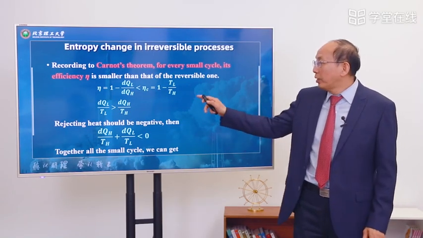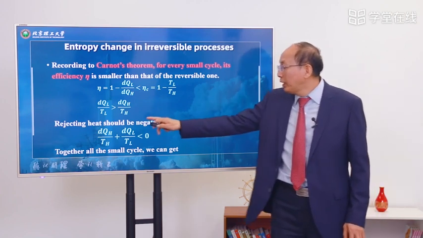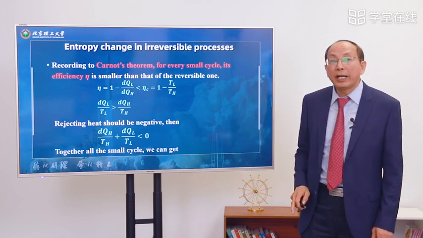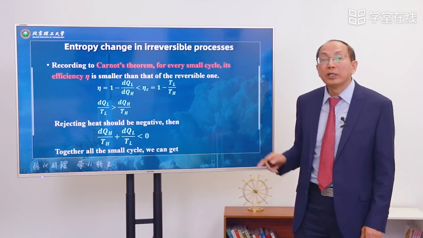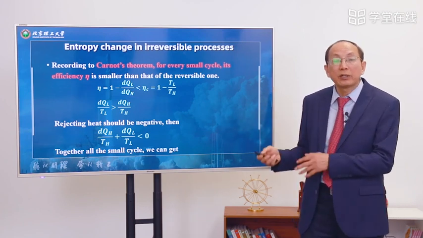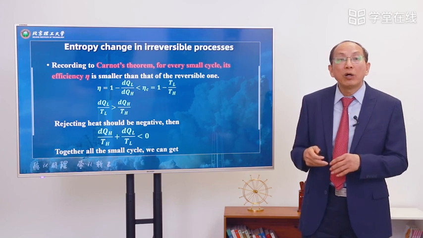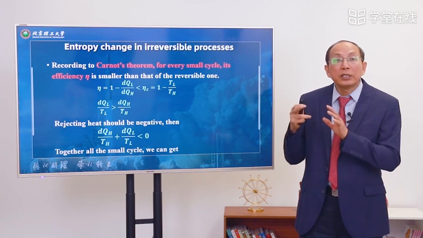Then this equation becomes dQH over TH plus dQL over TL smaller than 0, because QL is originally negative.